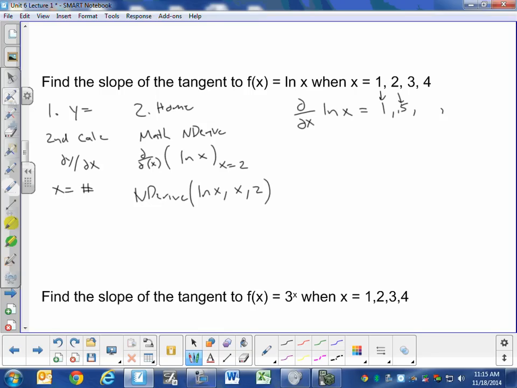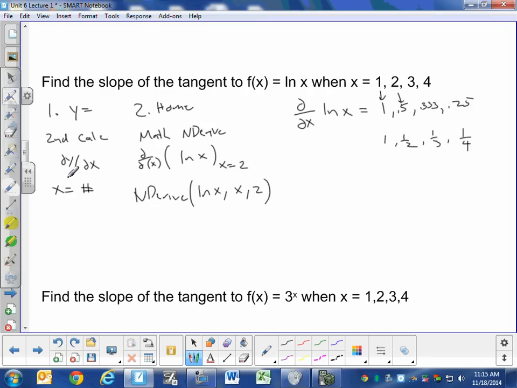All right, Miss Emma, did you get it for 3? What'd you get for 3? Cool. Mr. Magnello, what'd you get for 4? Okay. Well, let's rewrite that. So the derivative of log x at 1 is 1, at 2 is 1/2, at 3 is 1/3, at 4 is 1/4.